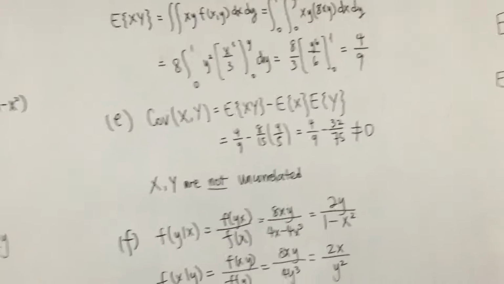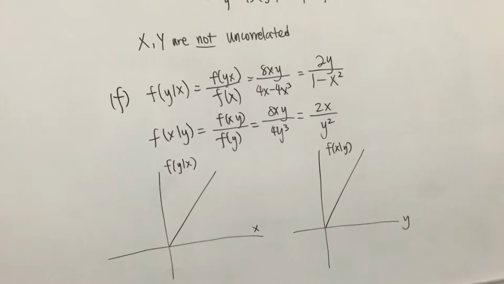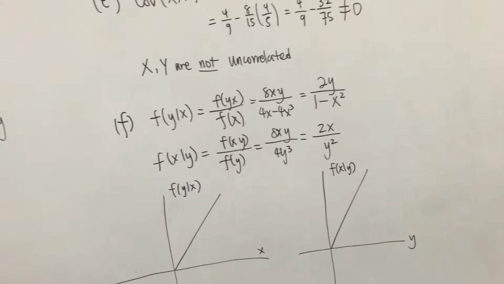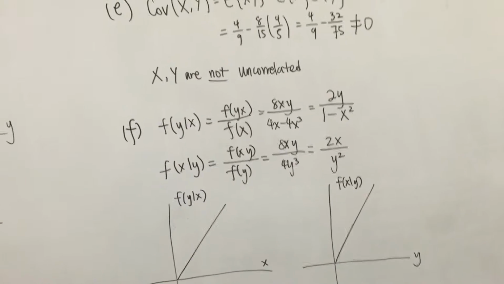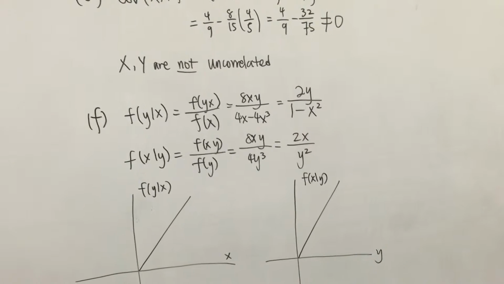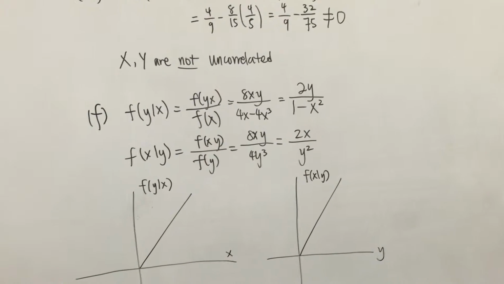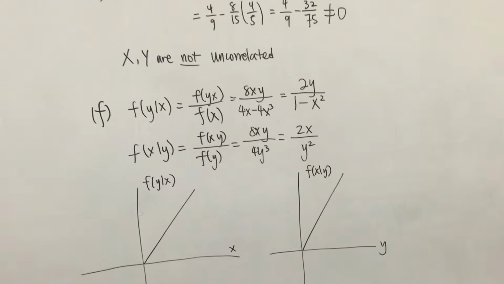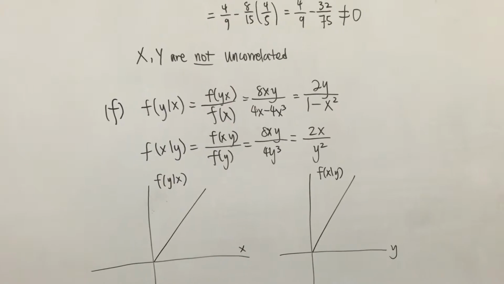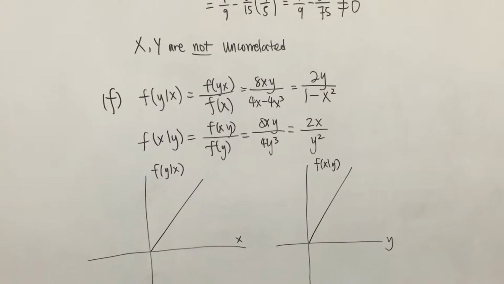In part F, it asks us to find the conditional density functions f of y given x and f of x given y. All you do is use the formula that f of y given x is equal to the joint density function over f of x, and then you would get 2y over (1 minus x squared).